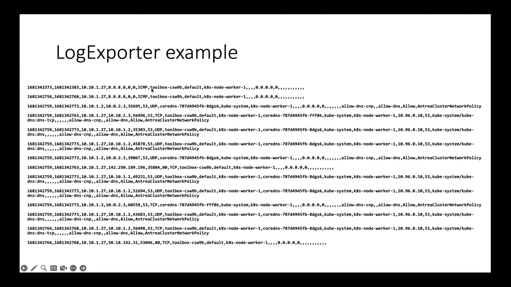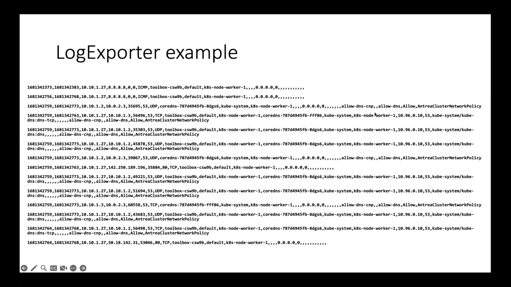and then we have the source pod with the source node. After that, we have the destination. For the first flows here, it's to an external IP address, so there is no information about the destination pod. And then we have information about policies.